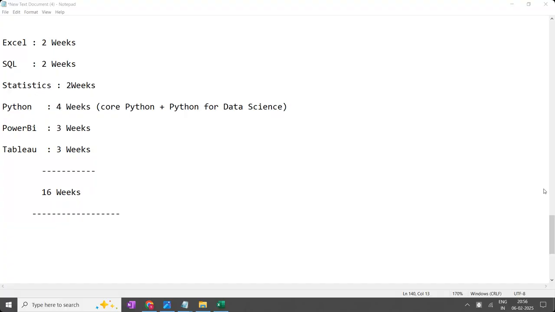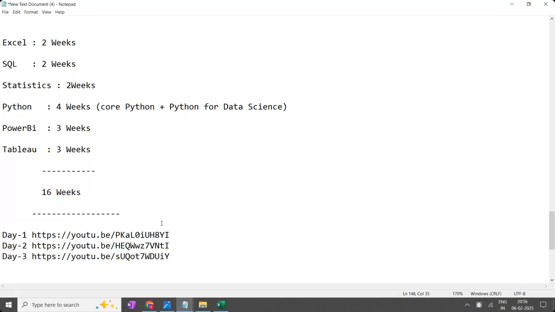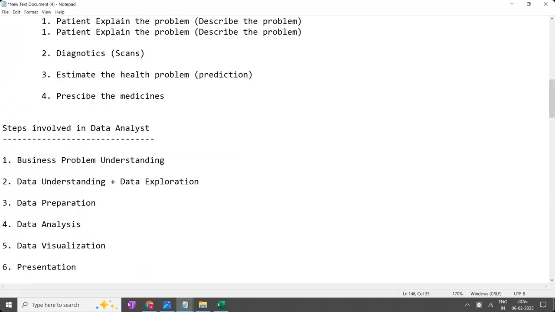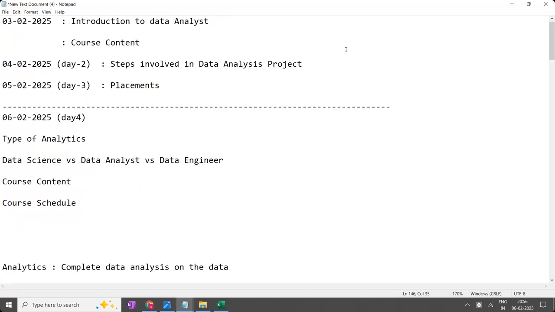Sir, could you explain data analytics? Yeah, data analytics means analyzing the data. And the previous class recordings, where we have discussed in detail one by one. I told you in the day one class, today only, what we discussed: introduction to data analyst, what exactly a data analyst is, and what data analysis means, all these things.